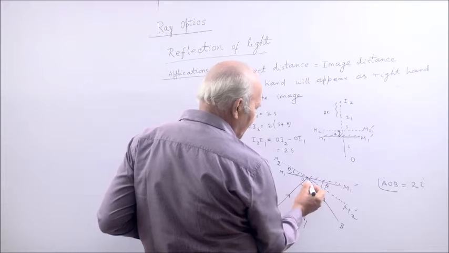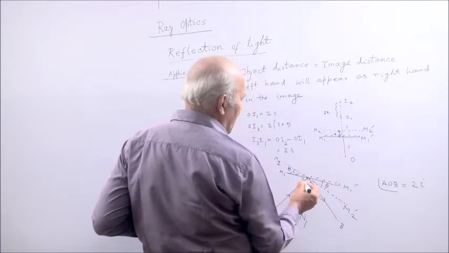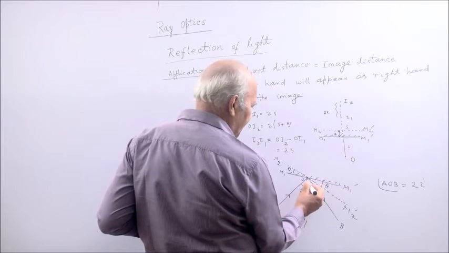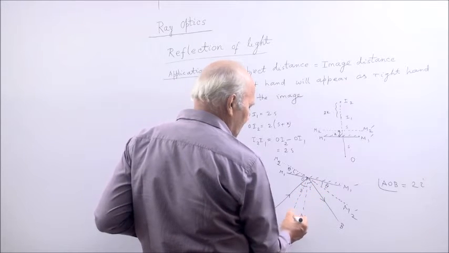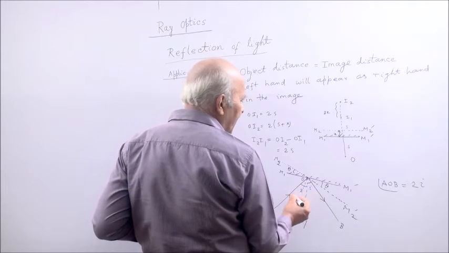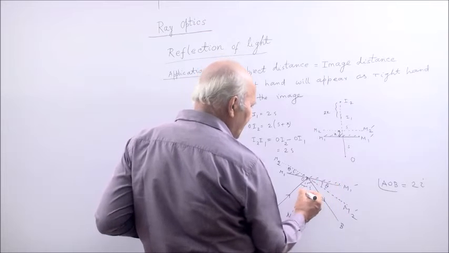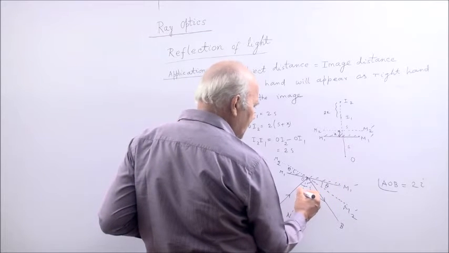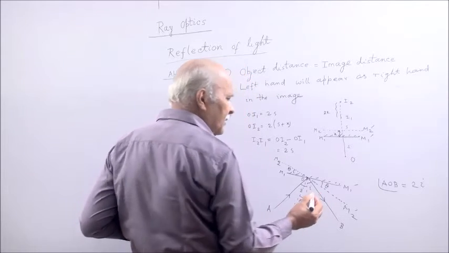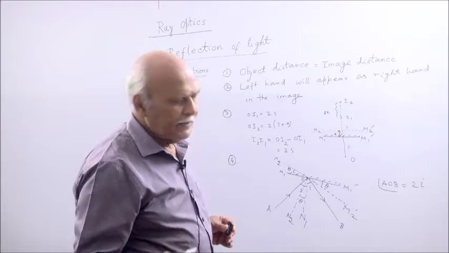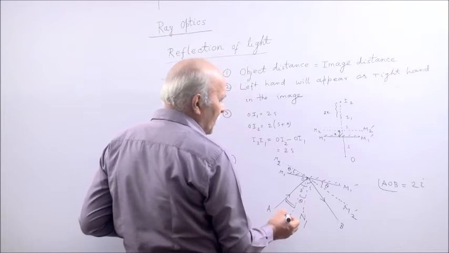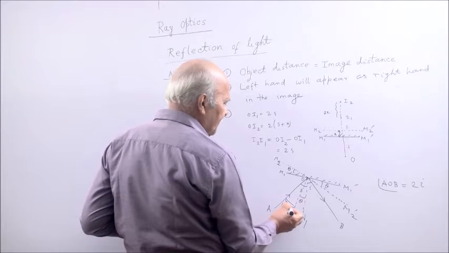Normal will be shifted to N2, and the angle of incidence will be decreased. So if the plane mirror is rotated by theta, the normal also rotates by theta. Then the angle of incidence will be I minus theta.